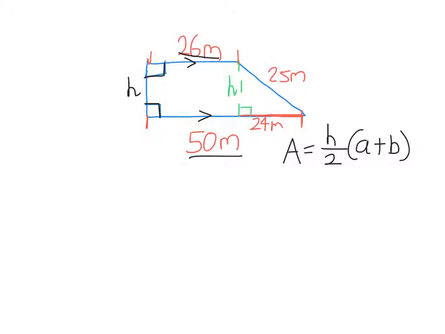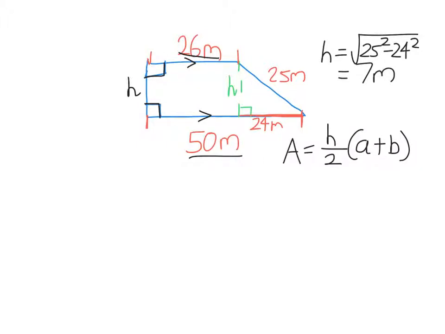So once again, I'm finding a shorter side. So H, the perpendicular height, I need to minus. It is the square root of longer side squared minus shorter side squared. And I get the answer here of 7 meters.